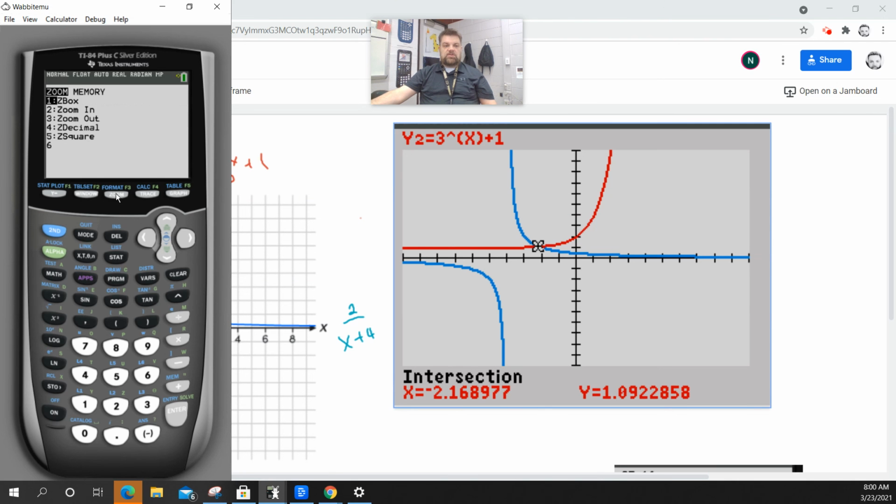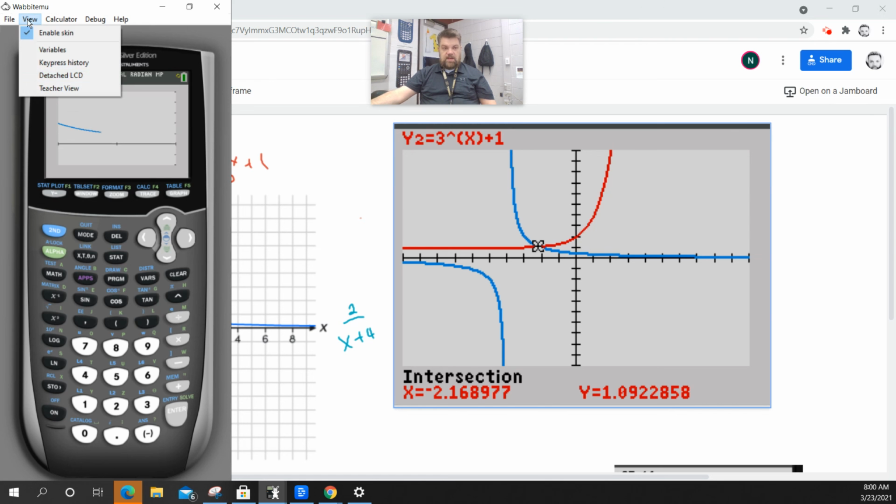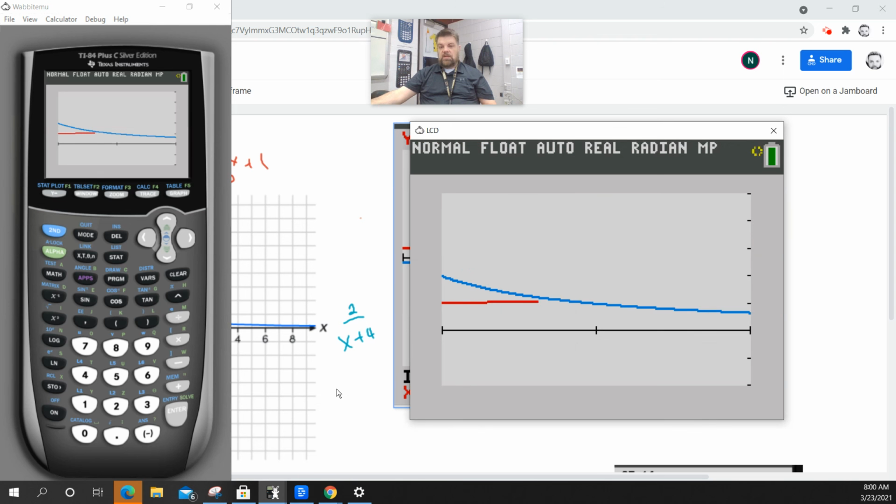So if I go to window, and I go from -3 to -1 in the x direction, and then on the y, I go from -2 to say 5. Now when I graph this, I might be able to get a little bit better intersection. I probably should have done that in the beginning.